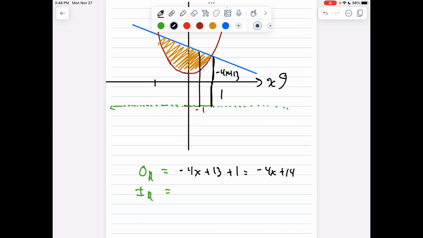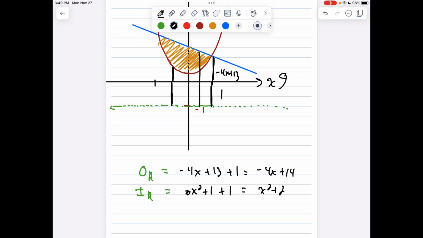And for the inner radius, it's x squared plus 1 plus 1, because x squared plus 1 is this distance, and another 1 unit makes x squared plus 2. Again, the inner radius is the distance from the function closest to the axis of rotation.